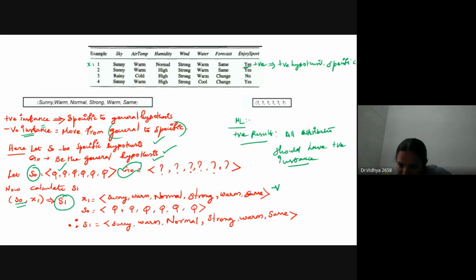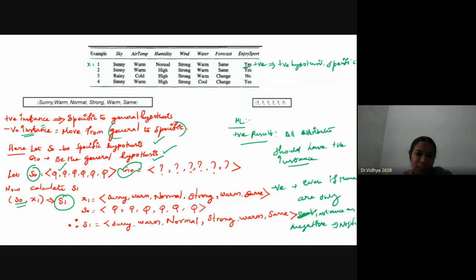Suppose the result is negative: even if there is only one negative instance, it may give you a negative result only. Okay, so that is the case here.